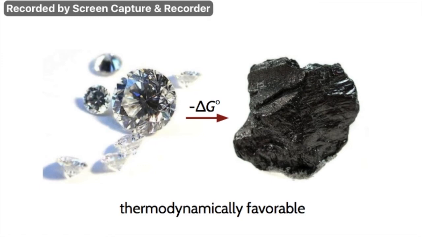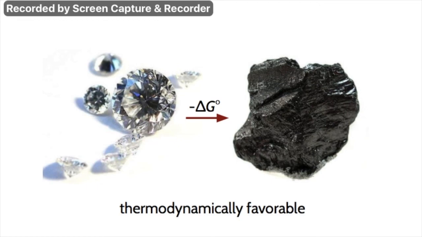Now, you don't see any jewelers or people with diamonds freaking out about the ultimately unavoidable consequence of diamonds turning into graphite. No one is concerned with this, even though the delta G tells us this process is thermodynamically favorable. This process happens naturally.